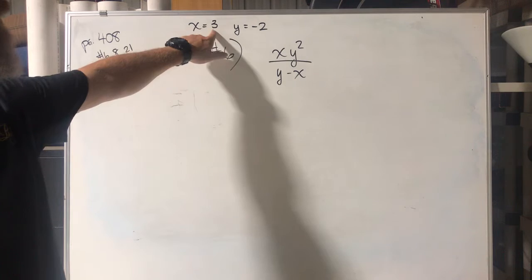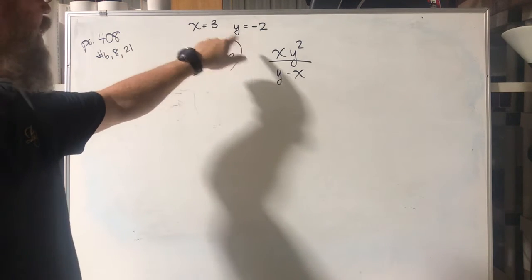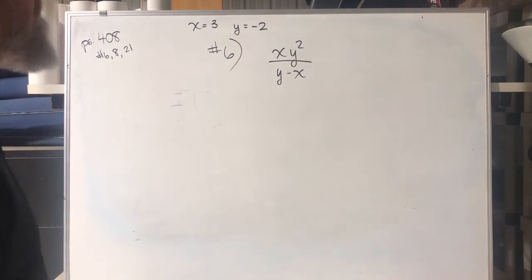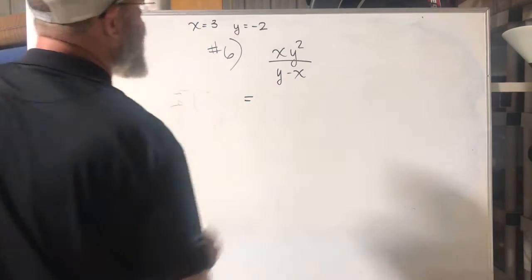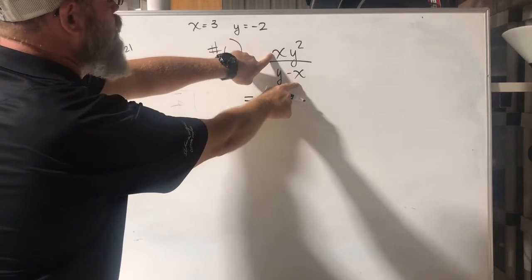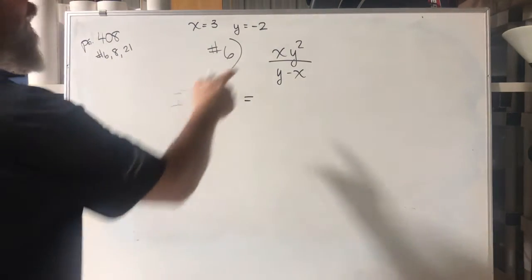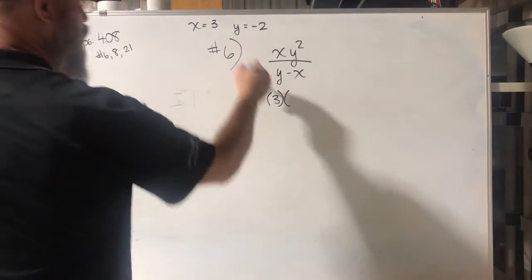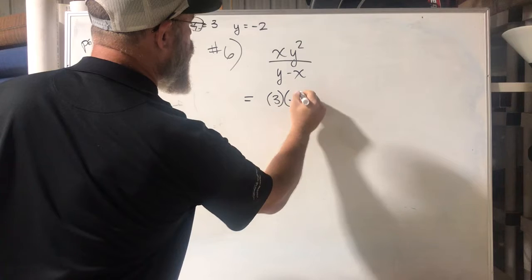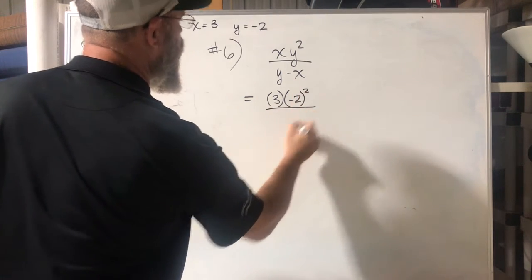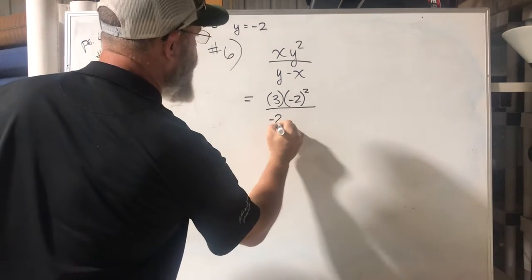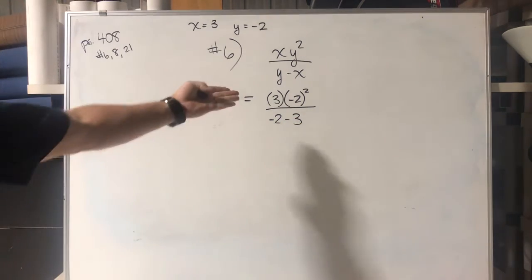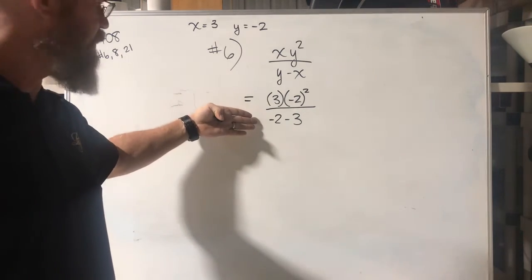So all we're doing is plugging in the value for x where we see x and the value of y where we see y. So if I rewrite this using these values, I have 3 times negative 2 squared over negative 2 minus 3. And all that is, we just solve that, okay?